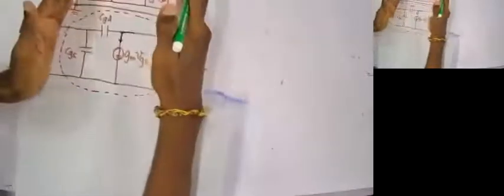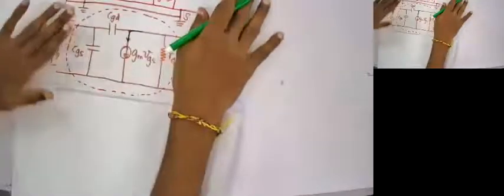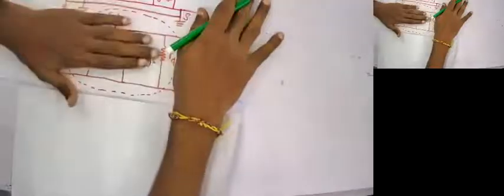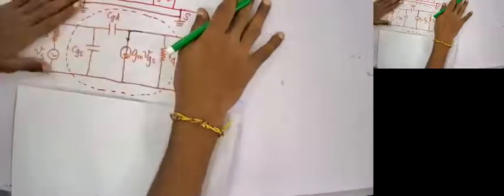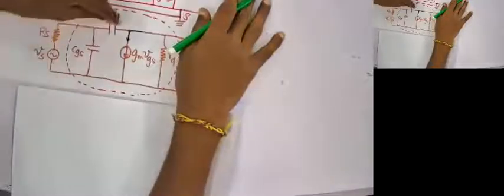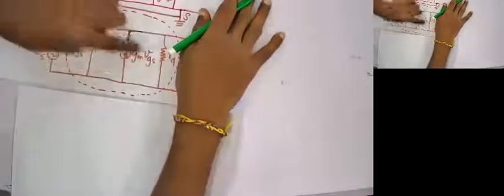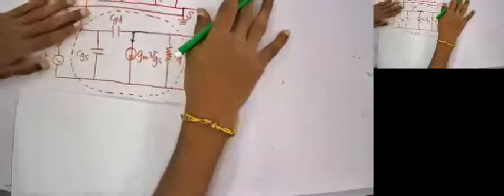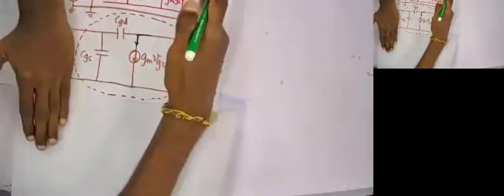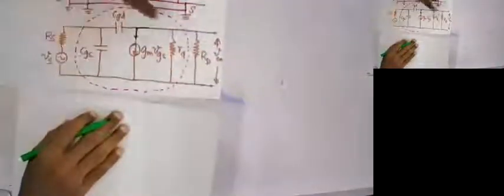Consider this two-port network. Forget about everything else. Only for this transistor itself, apply Miller's theorem to divide this capacitor into two. Just hide everything.